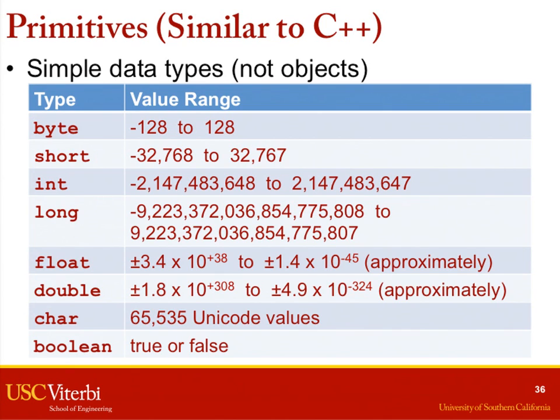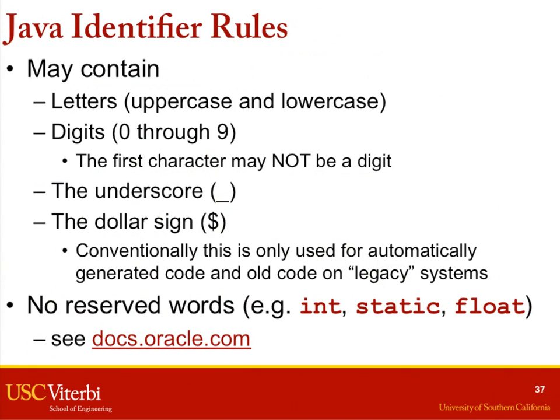In C, booleans really equate to an int. Here it's its own type. It's not an int. It's not a 0 or a 1. The values are the reserved words true and false.